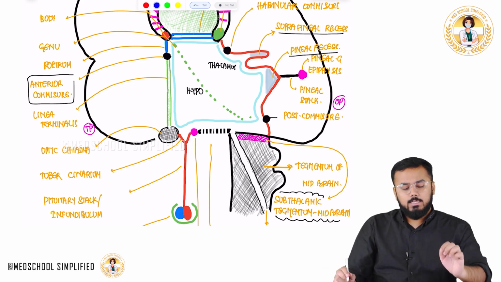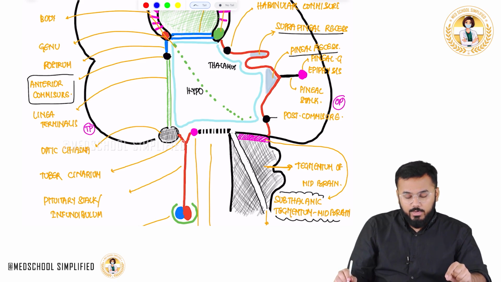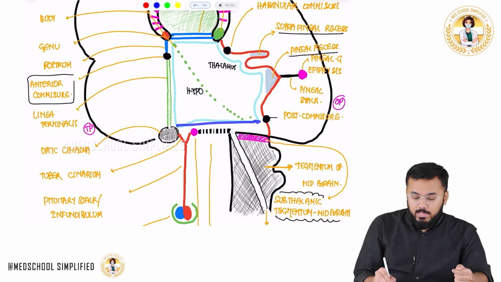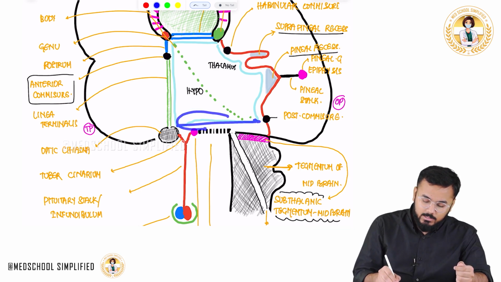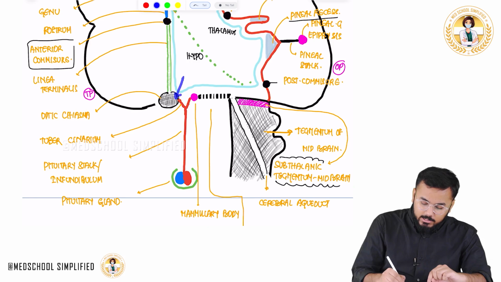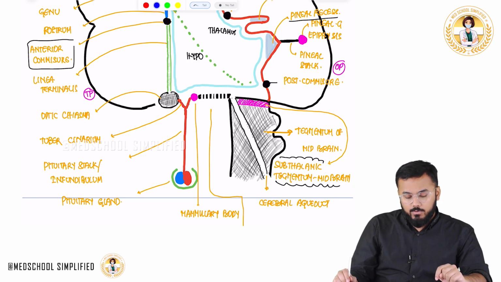So here he is asking, what are the structures that are present in the anterior-inferior part of the floor of the third ventricle? The floor of the third ventricle is this. In that he wants the structures that are located at the anterior part. Anterior means this one. So he is asking exactly for the structures located over here. Now you tell me what are the structures located over here.